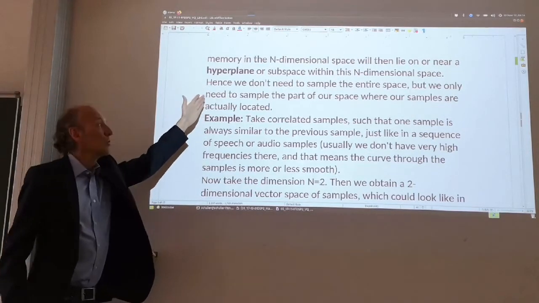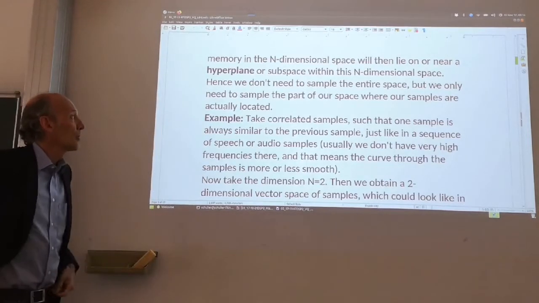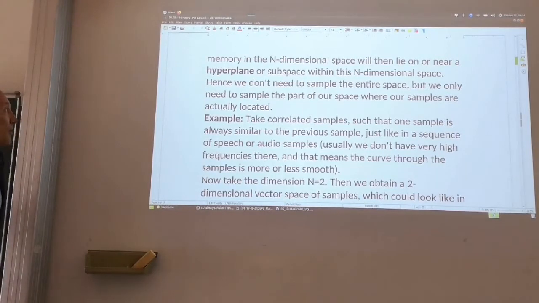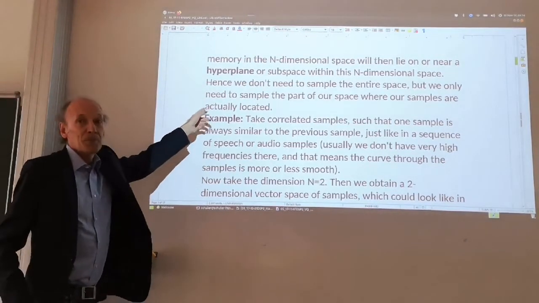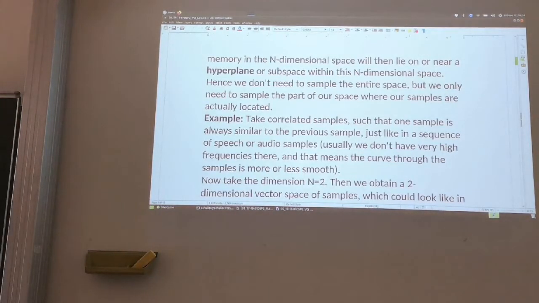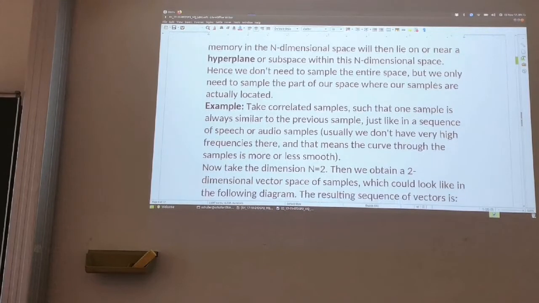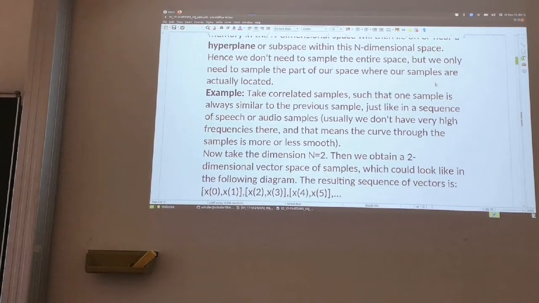That means we don't need to sample the entire space, but we only need to sample the part of the space where our samples actually are located, which might be much less. And this is actually what gives us savings in bit rate or reduced distortions.